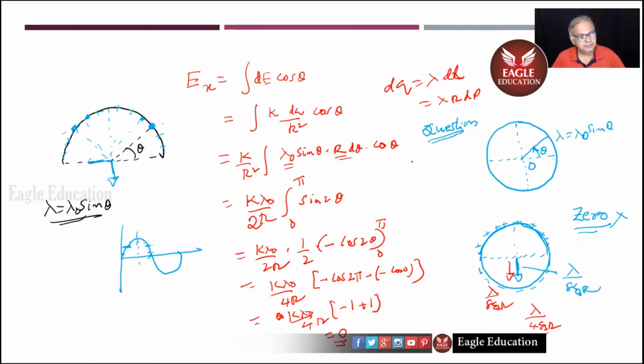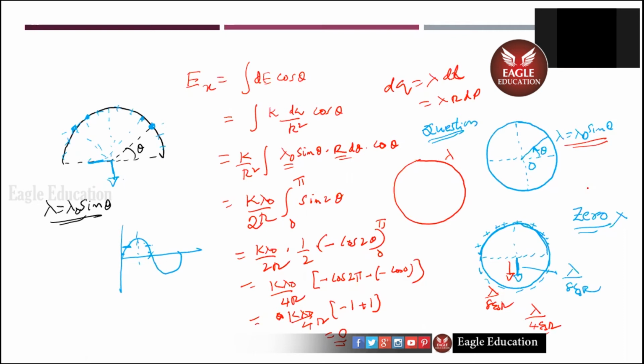Children, tell me. Anshuman and Abhinav. Sir, for this full ring, the electric field will be 0, no, sir, if lambda is constant. Lambda is not constant also, it will be 0, no, sir. What, child?